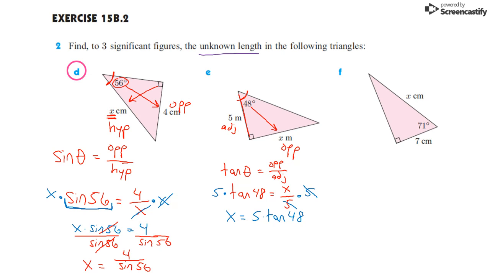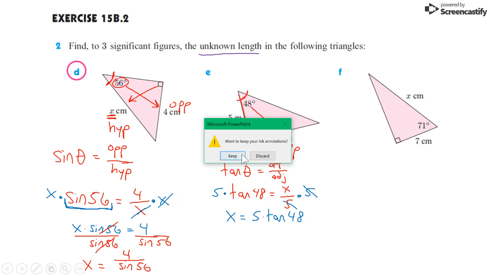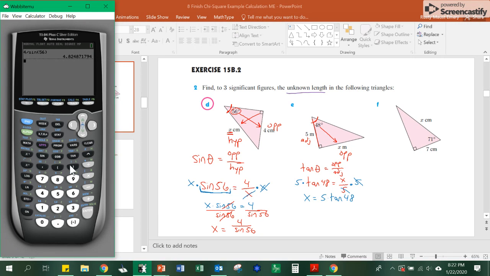And so the answer, when I type that in, so let's go ahead and do that again in your calculator. So take your calculator and all you're going to do is type 5 tangent 48.